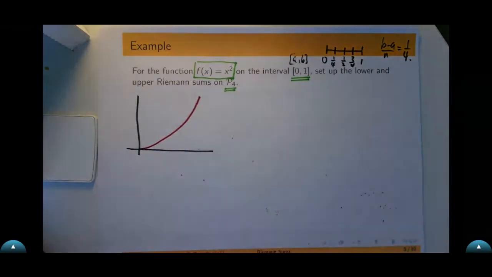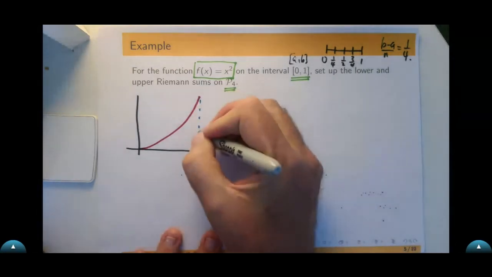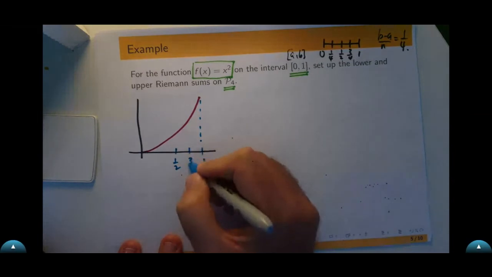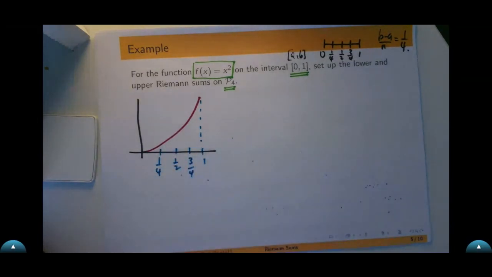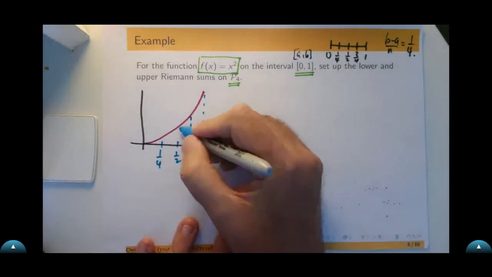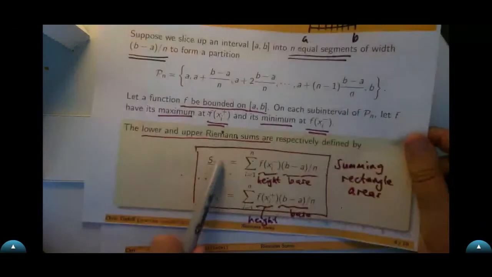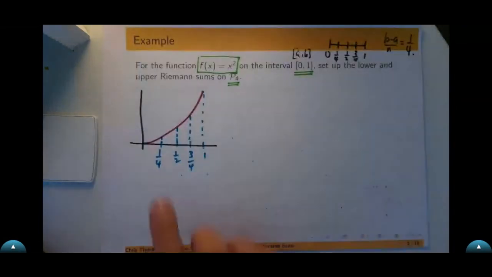So here's our function. Okay, and let's say here's 1, here's a half, 3/4, 1/4. Okay. Let's go for the lower. This is the lower Riemann sum. So we want the minimum points. Okay.